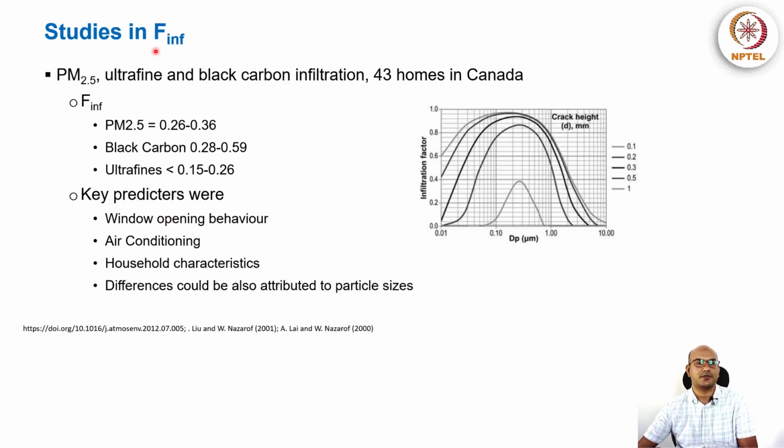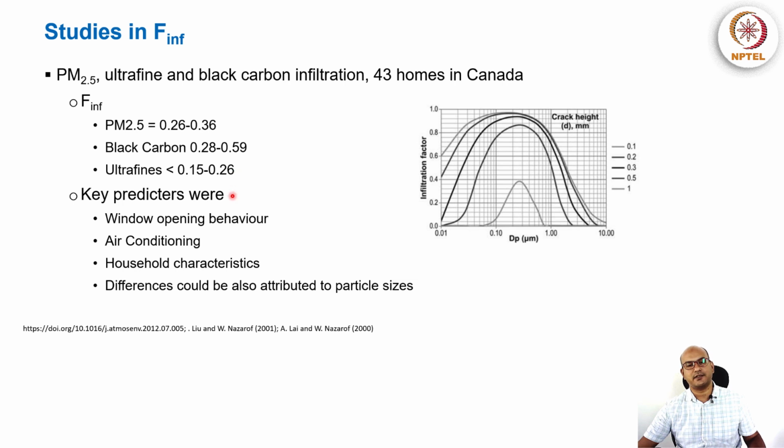There have been some studies on the infiltration factors. For example, here infiltration factor as a function of deposition and the crack in the building, and for the particulate range the infiltration factor is generally high. In some studies, PM 2.5 infiltration factors are around 0.26 to 0.36, black carbon around 0.28 to 0.6, ultrafines around 0.25 to 0.26.